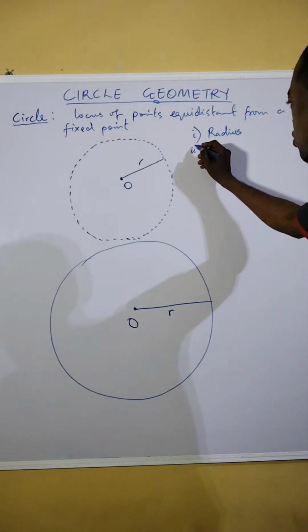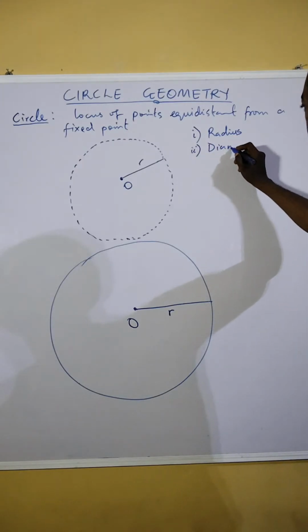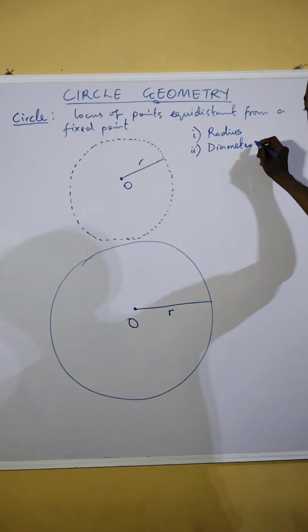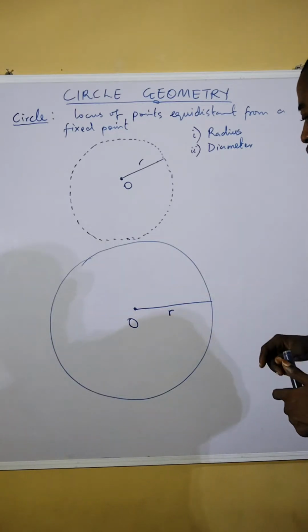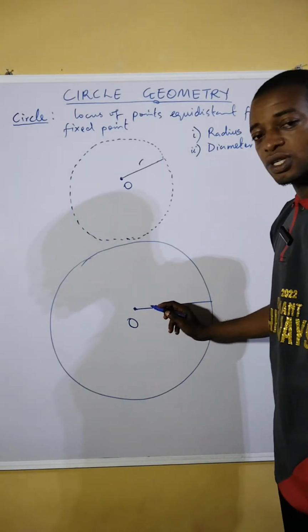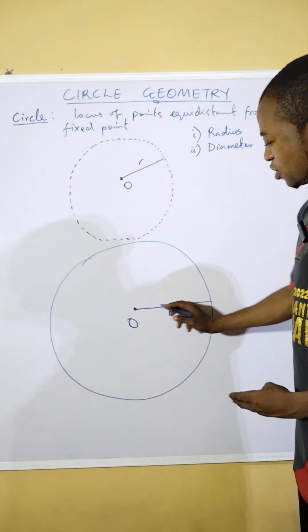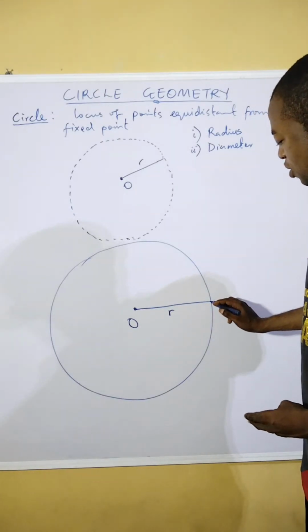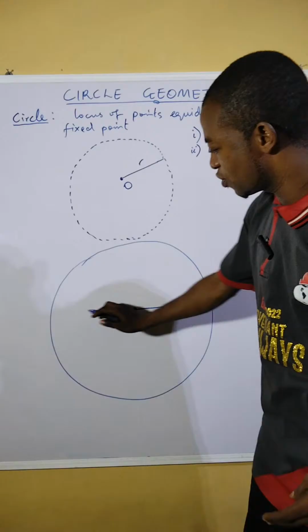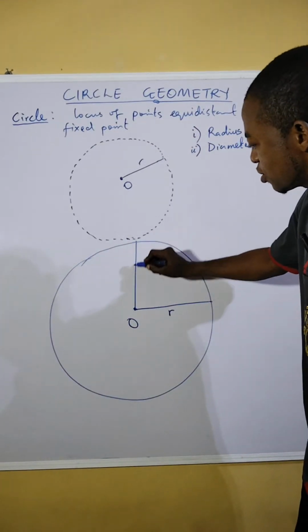Now the second one we want to see here is the diameter. A diameter is a line that is drawn passing through the center and touching the circumference at both sides. Don't forget this is also a radius.